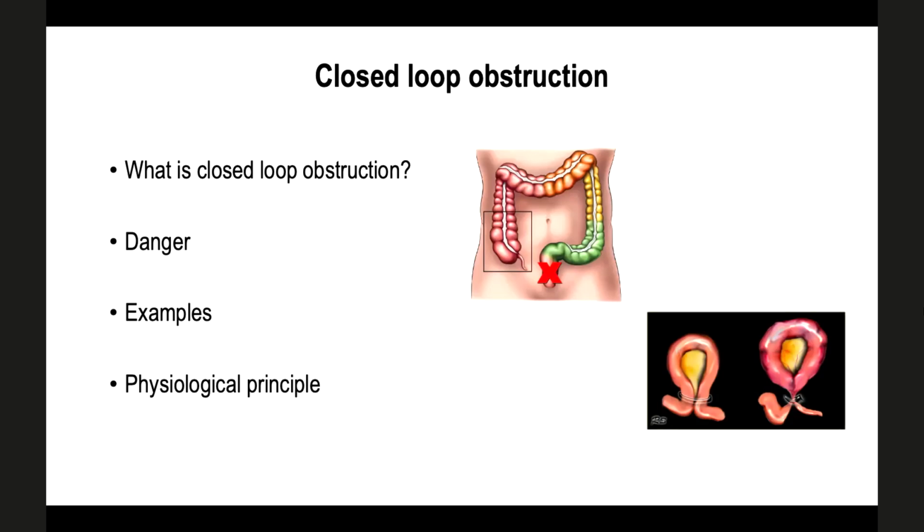Now you might wonder what's so special about this. Closed loop intestinal obstruction has a higher complication rate compared to non-closed or conventional intestinal obstruction. That is because this closed loop obstruction has a small loop which dilates much more than a non-closed loop, and it also has an element of vascular compromise because the blood vessels to this entire loop can be compromised.